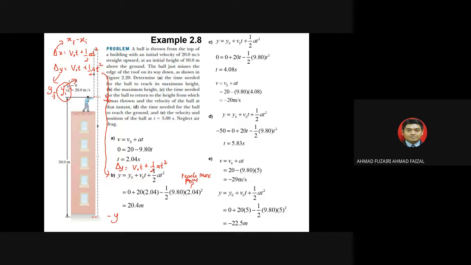So this is not the time where it touches the ground. No, this is the time where it reaches the maximum point. So this Y is actually here. Sebab tu kita kena tahu, walaupun nama dia final position, tapi which final. Kalau kita gunakan time 2.04, merujuk kepada final dia di maximum point ini.